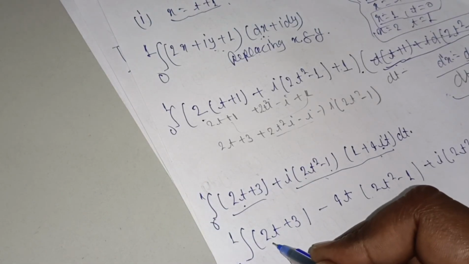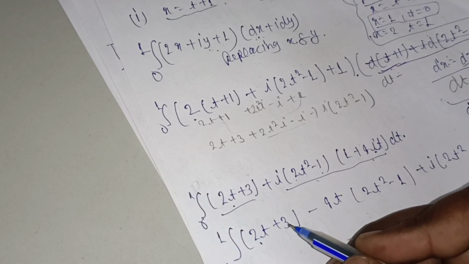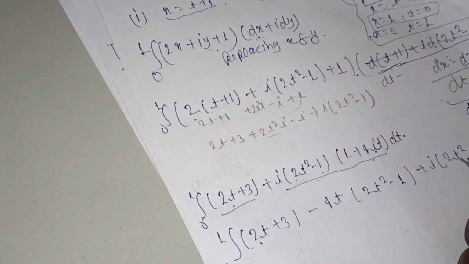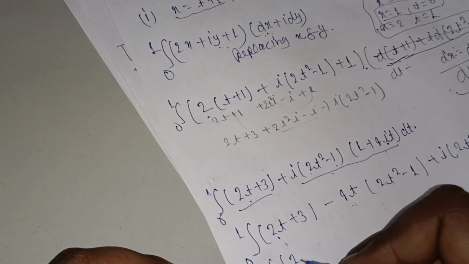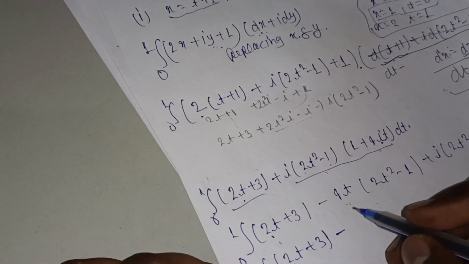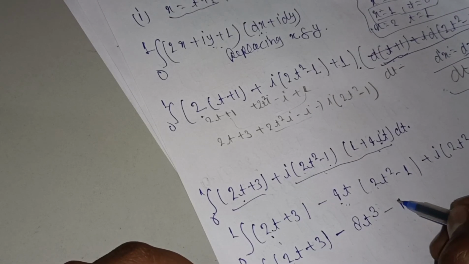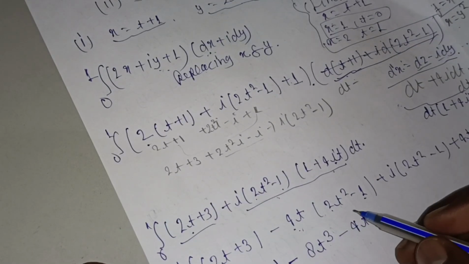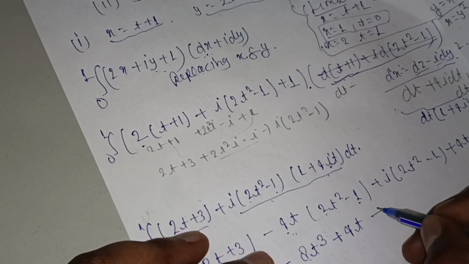Now we still have to solve more. 0 to 1, 2t plus 1 as it is, 2t plus 3 as it is, and it is minus 4 times 2t square, that is 8t cube, minus 4t, plus now iota.